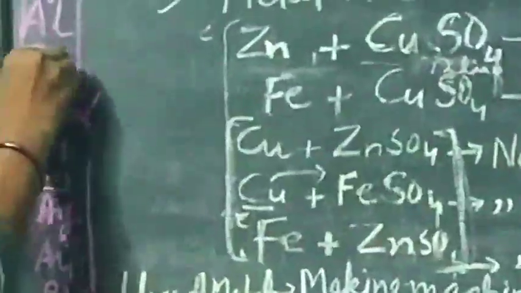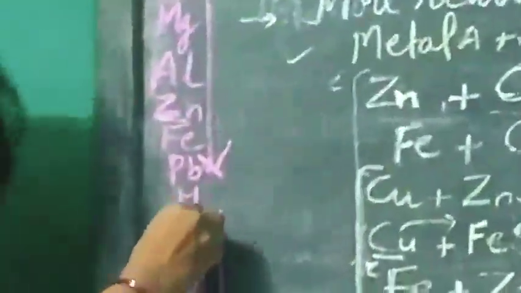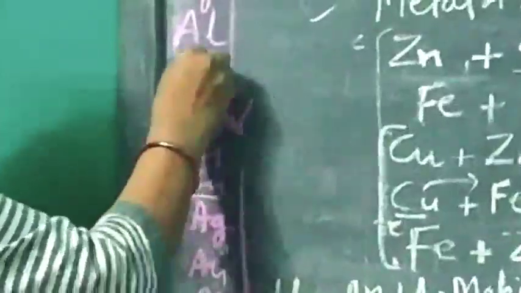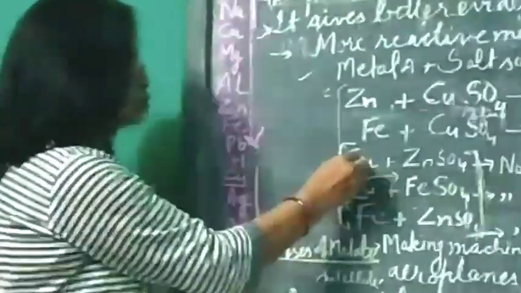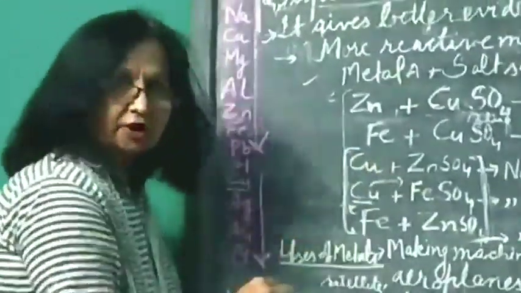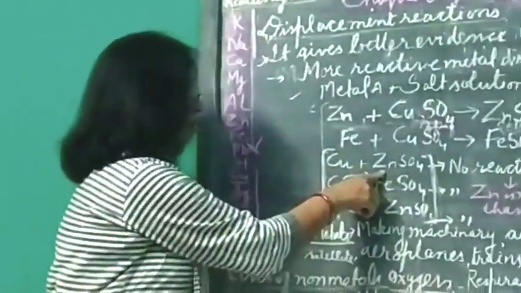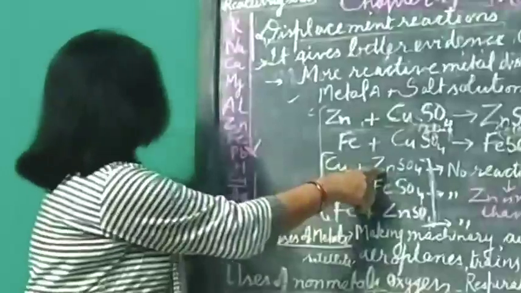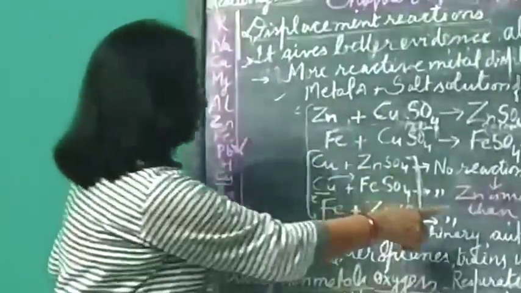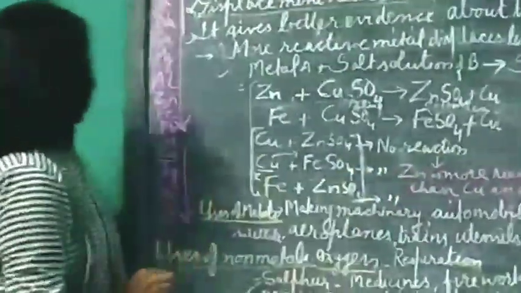So students, if you see copper and zinc, what is their position? Copper is less reactive and zinc is more reactive. So copper is not able to replace zinc, because zinc is more reactive than copper and iron.